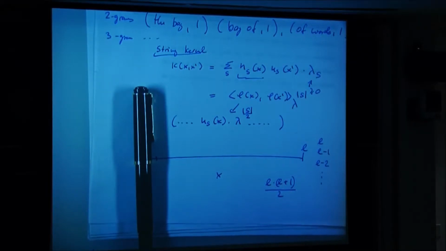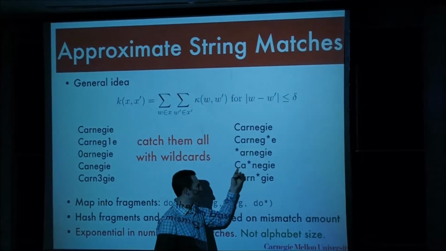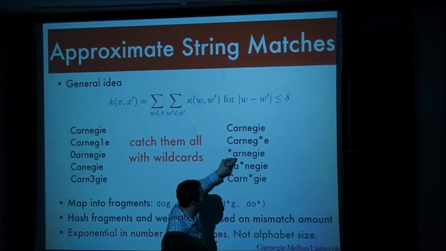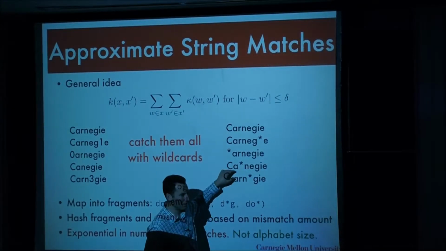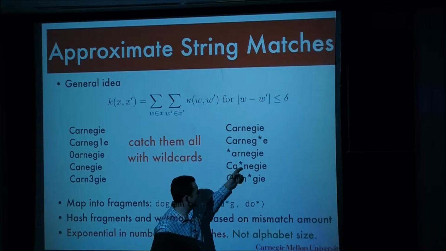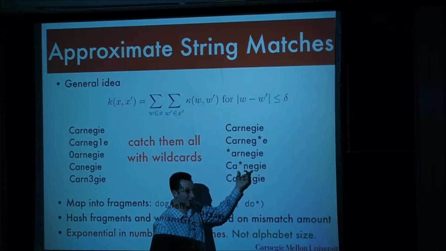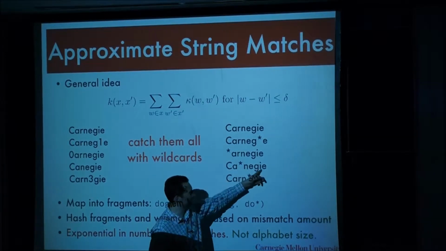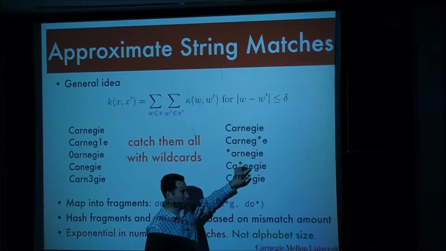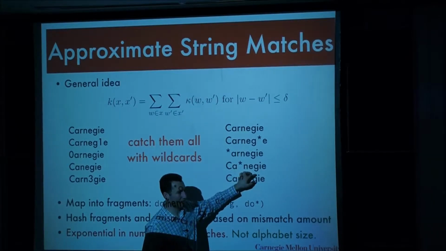But what you notice is that now the cost is only quadratic in the length of the sequence, and again linear in the exponential in the number of wildcards that you can place, because you could have one here and one there, but no longer dependent on the alphabet size.